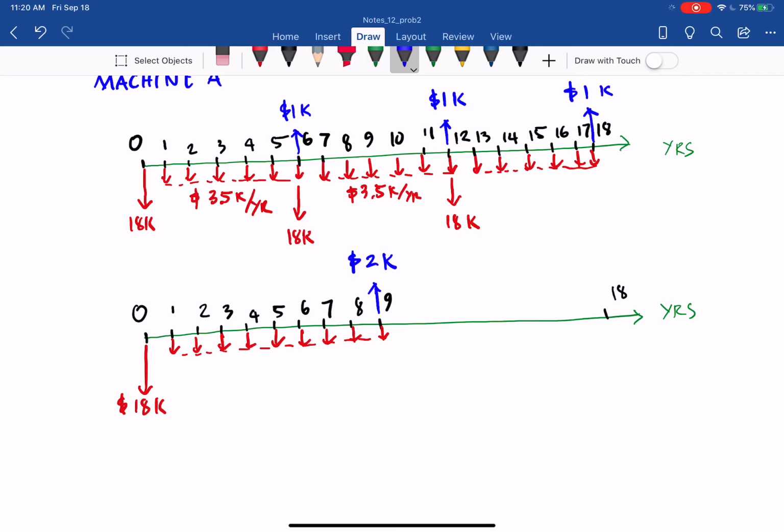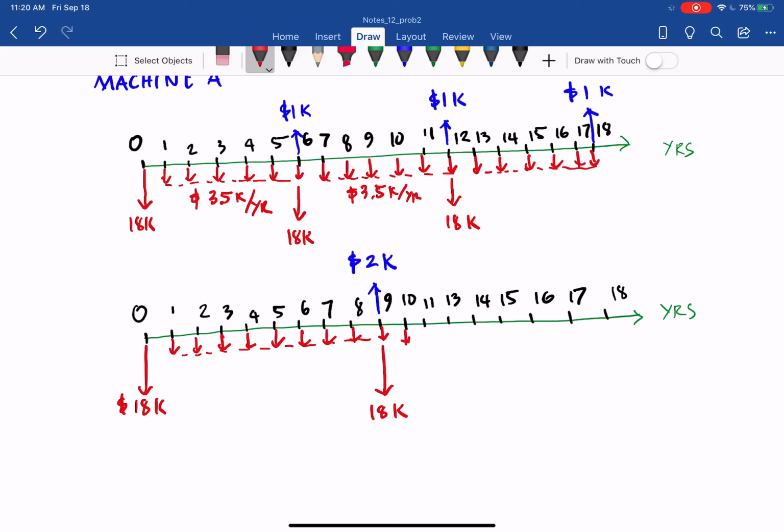And that's the same cash flow replicated for the next 9 years. So that should be 10, 11, 13, 14, 15, 16, 17. What does that mean? I buy the new machine B at the end of year 9 for 18,000.